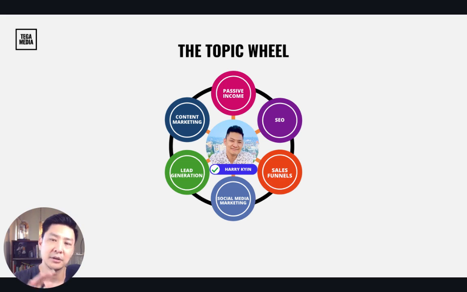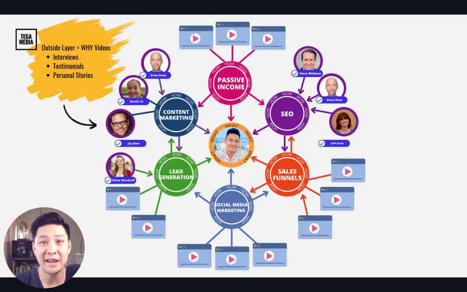You're going to plot your 6 topics around that, and then create videos and other pieces of content that demonstrate your expertise in those related topics. So again, how-to videos and things of that nature. Then on the outside of the 6 topics, what we have are the why videos.